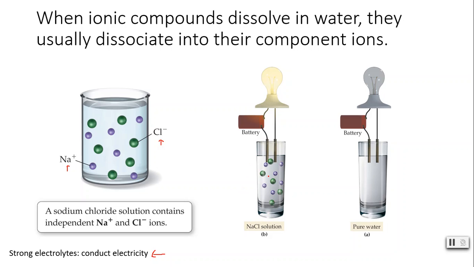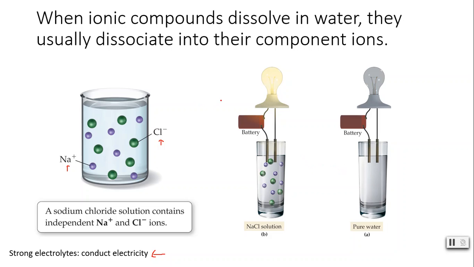If I was to take a solution of sodium chloride and hook it up to a battery that was strong enough, I'd be able to see the conduction or the flow of charge due to the presence of these charged species. Whereas pure water is not a strong electrolyte, does not conduct electricity because there are no ions present.